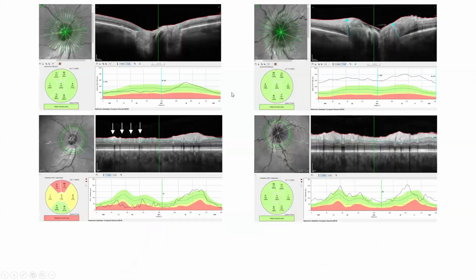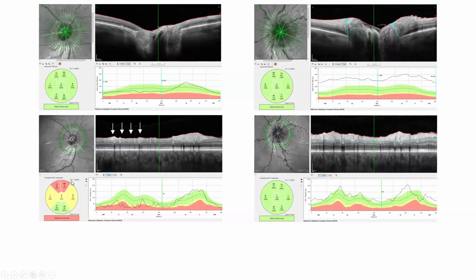When we look again at our rim measurement, the rim looks quite nice on the right-hand side. On the left-hand side, with the acute swelling, we see an enlarged reading for rim width and also an enlarged reading for the thickness of the retinal nerve fiber layer.